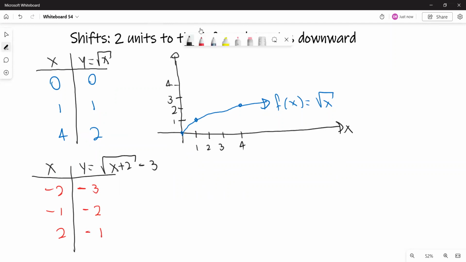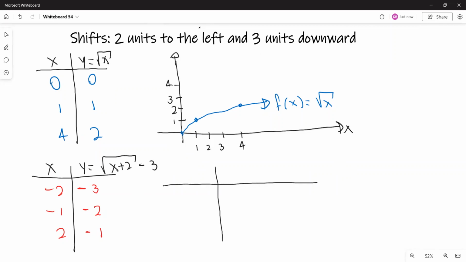I'm going to draw a separate graph. Okay.